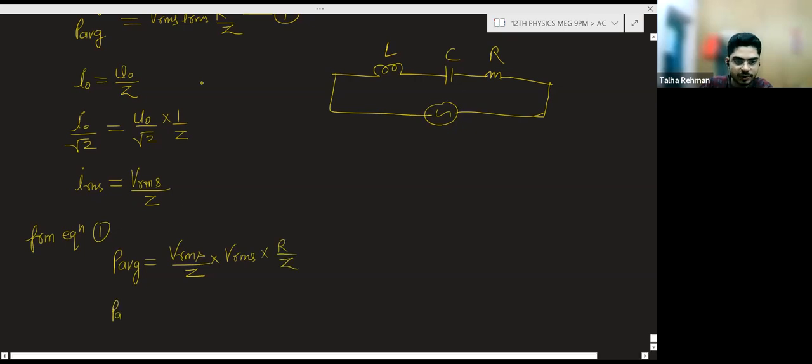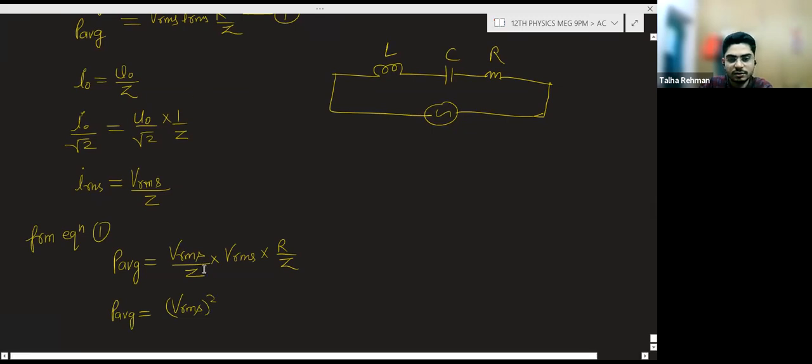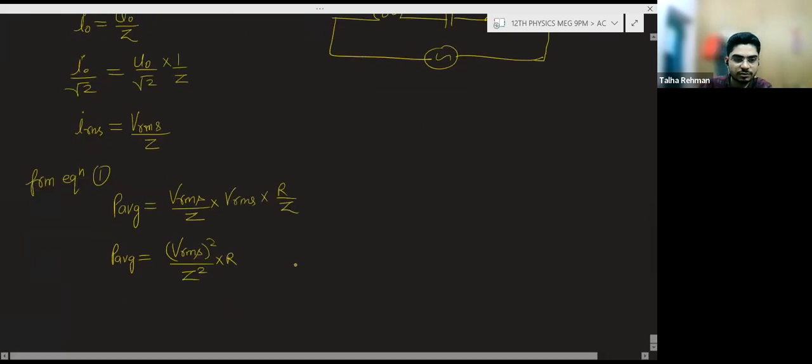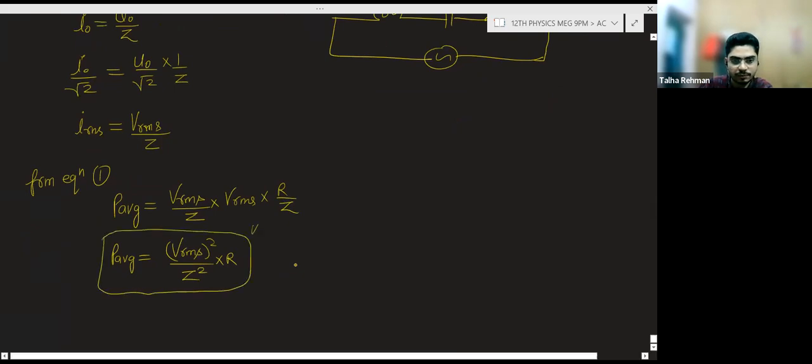So average power you will get is VRMS square, Z into Z, Z square into R. So this can be another formula.